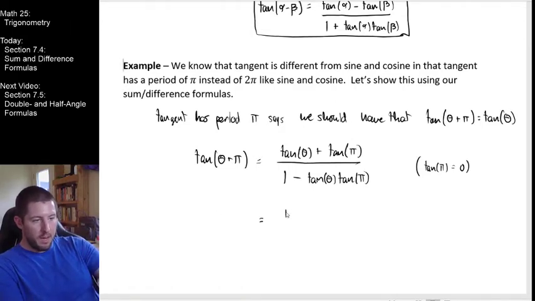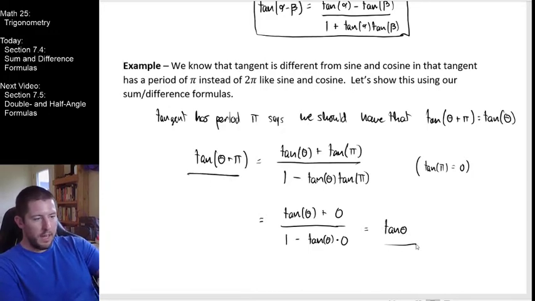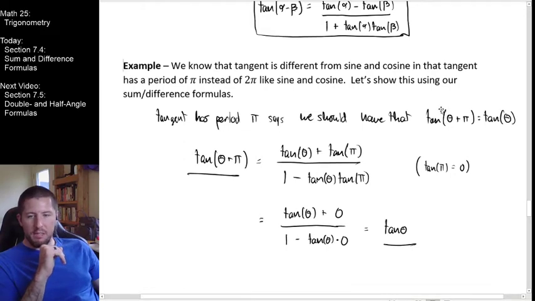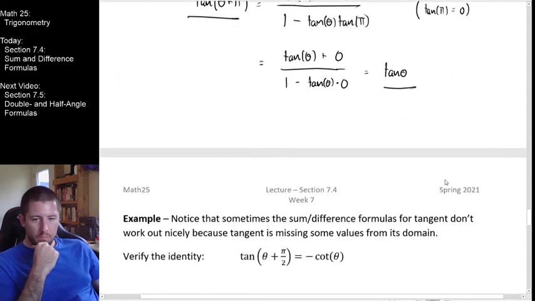So I'm getting tangent of theta plus 0 over 1 minus tangent of theta times 0. Well, that went to 0, that was all 0. That's just equal to tangent of theta, right? So tangent of theta plus pi, we can prove, is the same thing as tangent of theta by using our sum formula for tangent, which is cool.